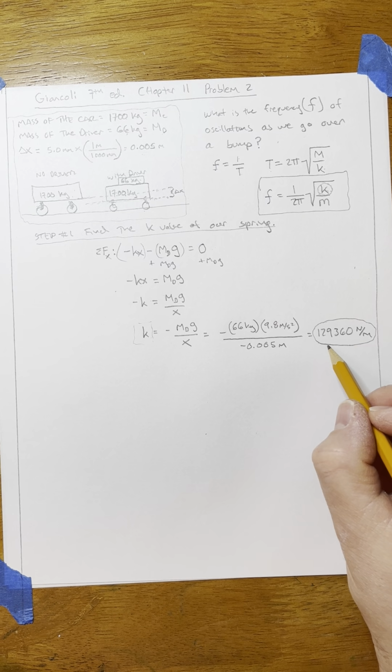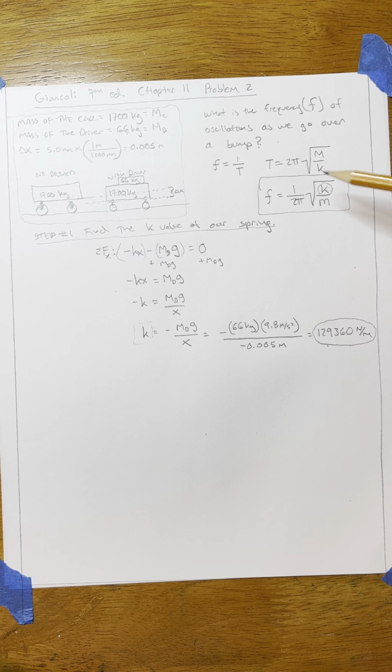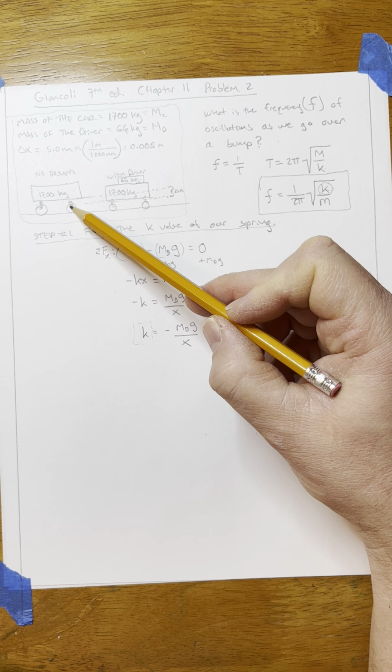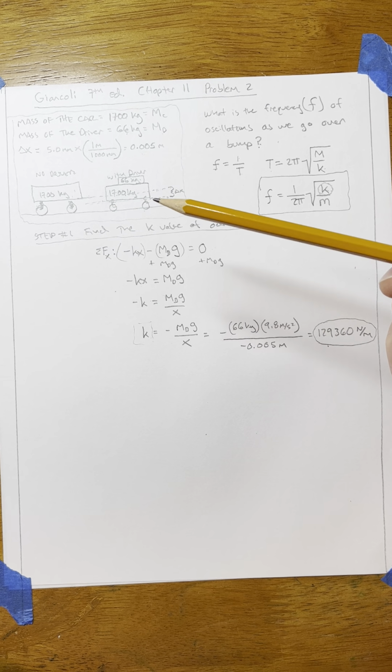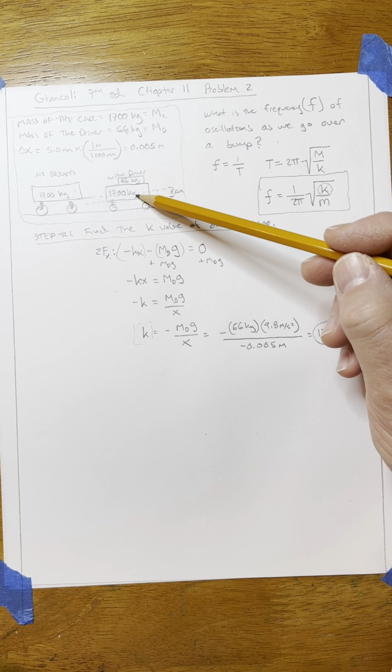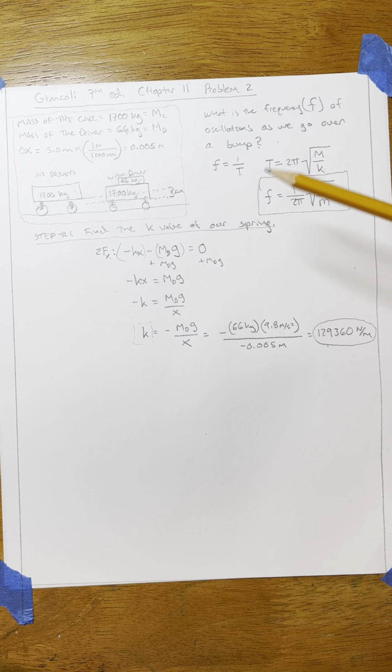Now that we have this value here, we can go and actually answer the question they ask. What is the frequency of oscillations as we go over a bump? In other words, in this mass on a spring system, how are we going to oscillate? Now, the thing you have to be careful with here is the driver is now in the car. So the total mass is what's going to be oscillating up and down to give us this frequency.